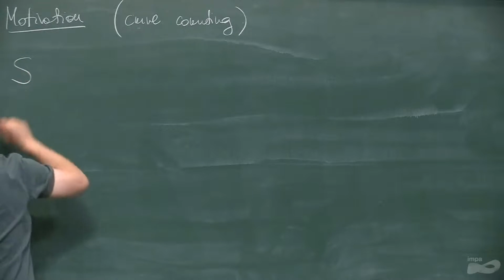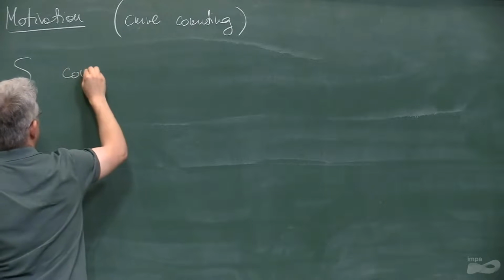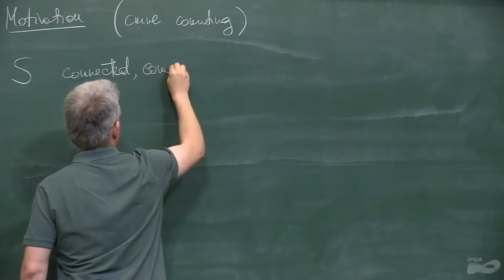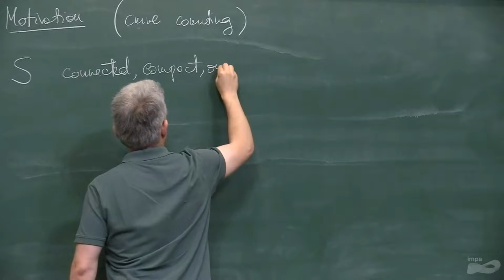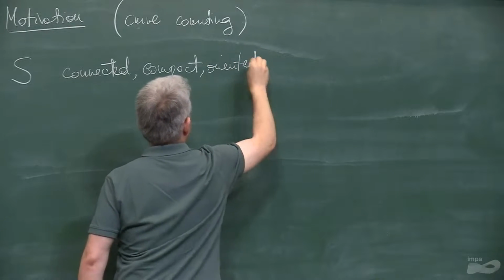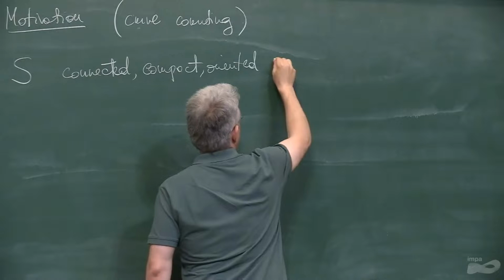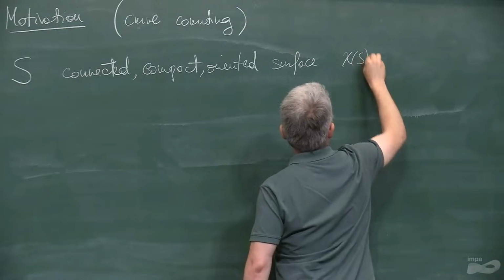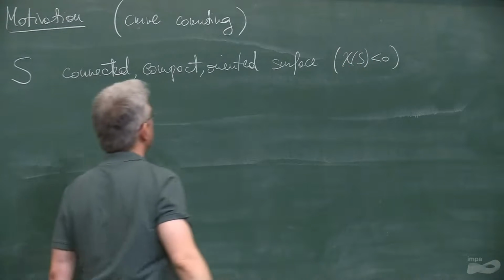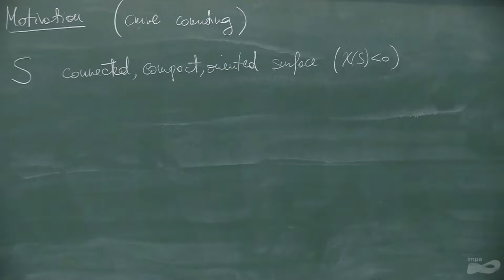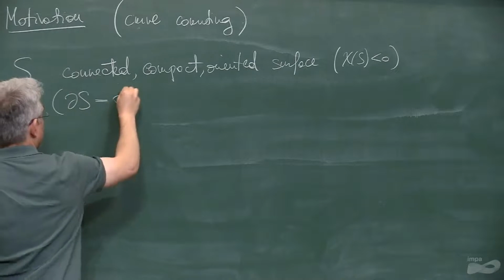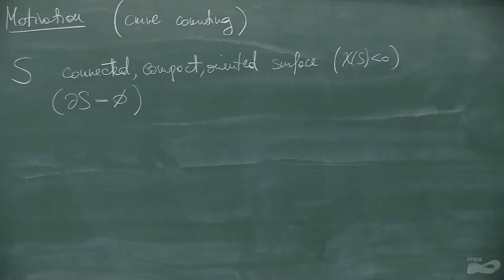Let's take S connected, compact, oriented surface with negative Euler characteristic. For the moment, we will take it without boundary, but later on we will need it with boundary. So for the moment, let's keep in this case.